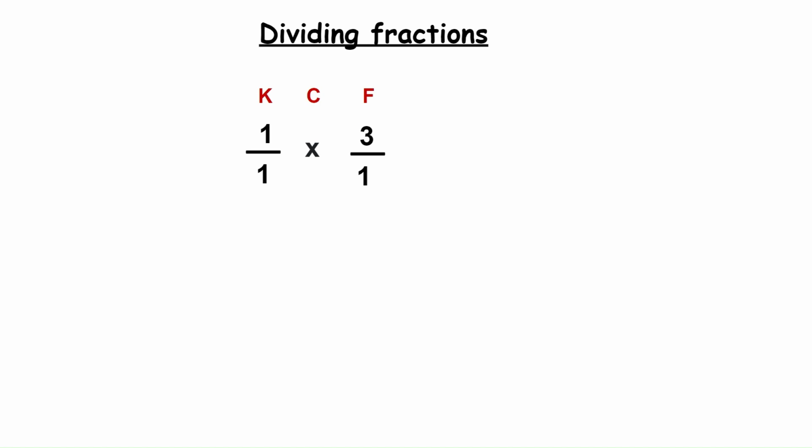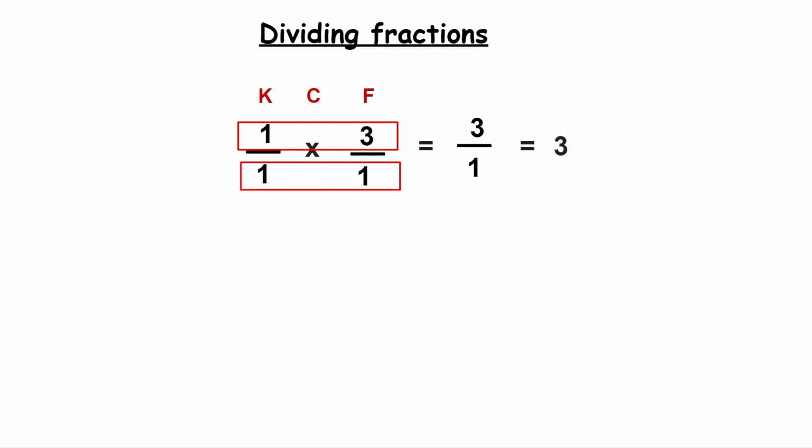Now let's solve our problem. We're going to multiply our numerators. 1 multiplied by 3 is equal to 3. And next, we're going to multiply our denominators. 1 multiplied by 1 is equal to 1. And we can see we have an improper fraction, 3 over 1. 3 divided by 1 is 3. And there we have it.